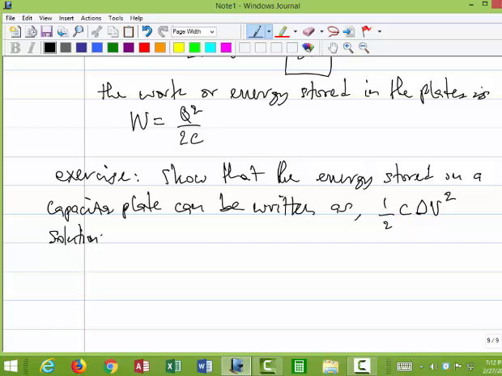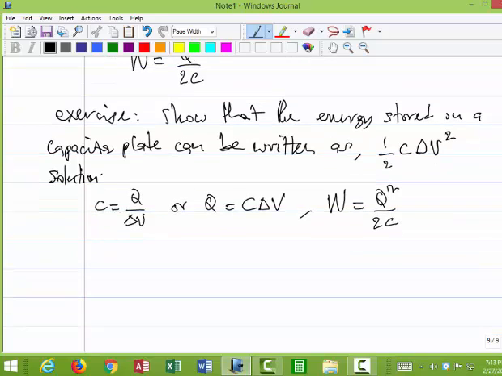Almost, okay. Half C. All right, so what you need to do is to know that C is equal to Q over delta V, or you can say Q is equal to C delta V. Then you use your formula W equals Q squared over 2C, and just replace Q by C delta V. So Q is C delta V squared divided by 2C.